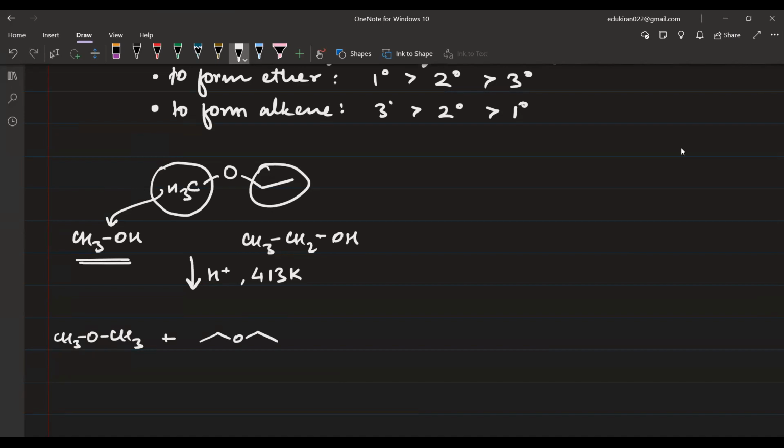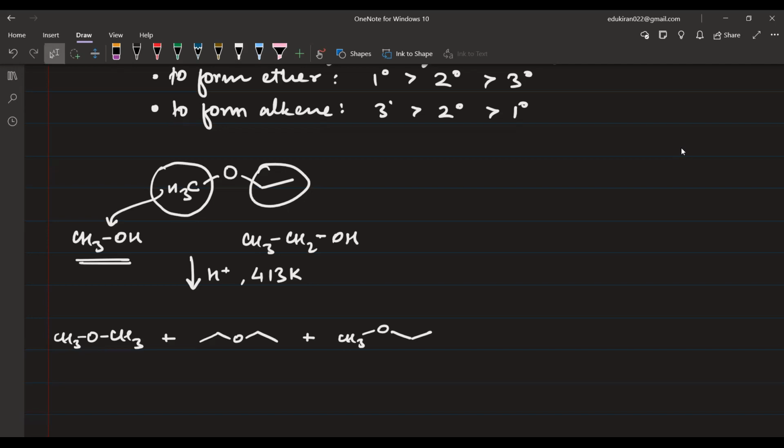And there will be some methanol and ethanol molecules that know the other component is present, and they will form our desired product, CH3, oxygen, and then the 2 carbon atoms.